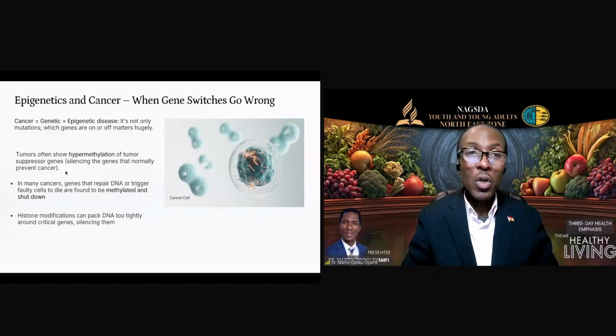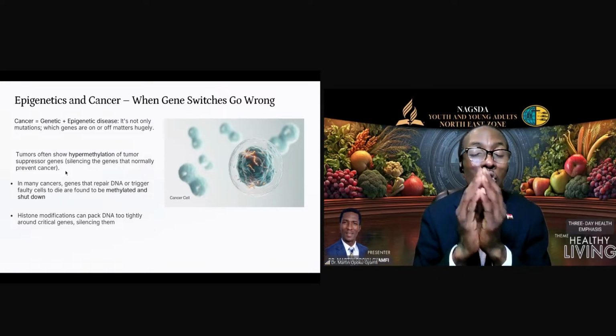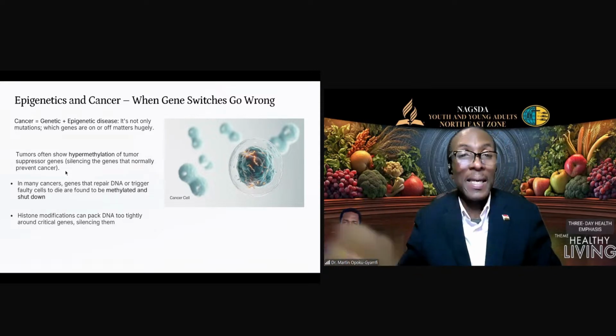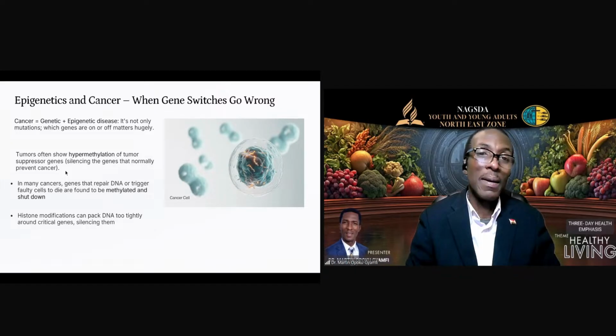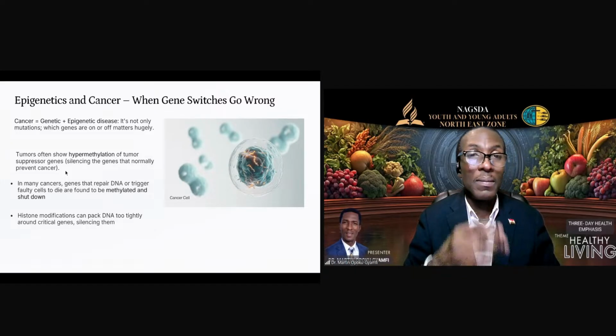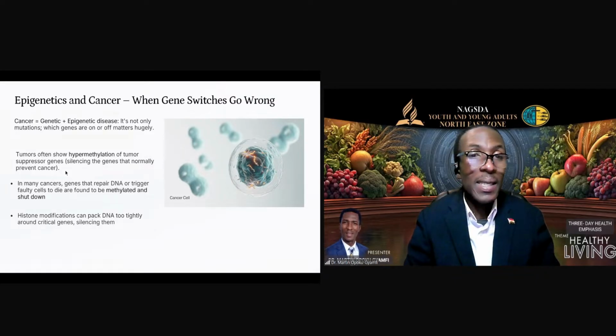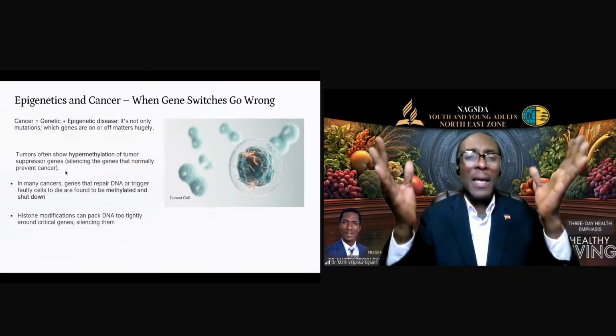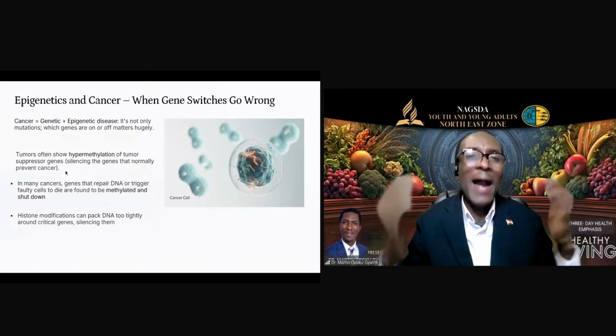And the research has shown that tumors often show hypermethylation of tumor suppressor genes. So the gene that is supposed to suppress the cancer cells and prevent them from becoming a cancer is suppressed by hypermethylation. And this is an epigenetic principle. So it is silent. It's as if you have a city and you have guards or soldiers guarding the city.